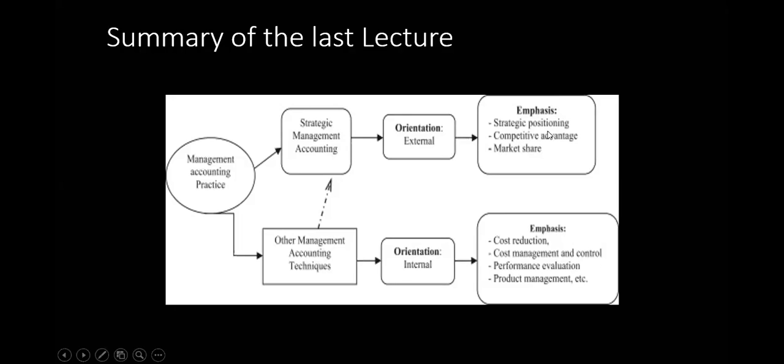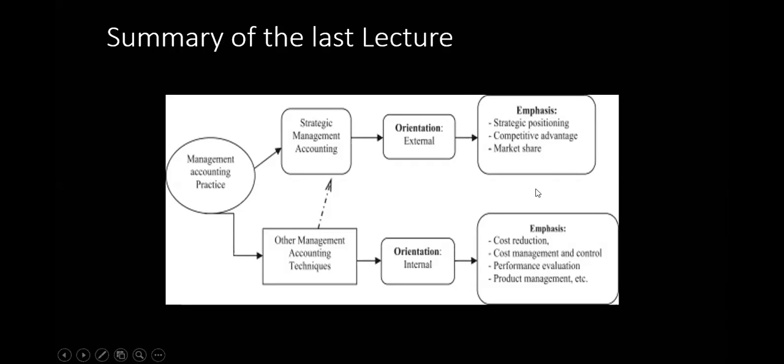Strategic positioning means how we are going to get the competitive advantage, how you position in the market as a low cost or differentiation strategy or some other strategy. So how we are going to position in the market, in the playground, just to get your market share and the competitive advantage. I think we highlighted that competitive advantage has to be sustainable, not just for 1 year, 2 years.